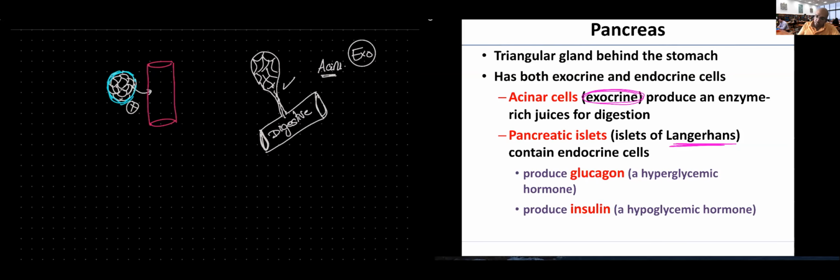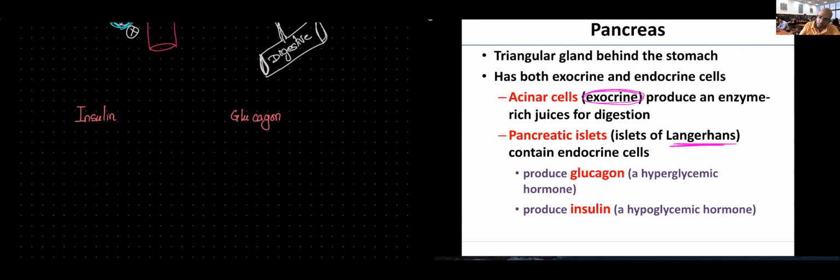The islets of Langerhans are going to be releasing two very, very important hormones. Those are the insulin and the glucagon. They are not the only two hormones, but they are the most important ones for us. The insulin, it's a hypoglycemic hormone.